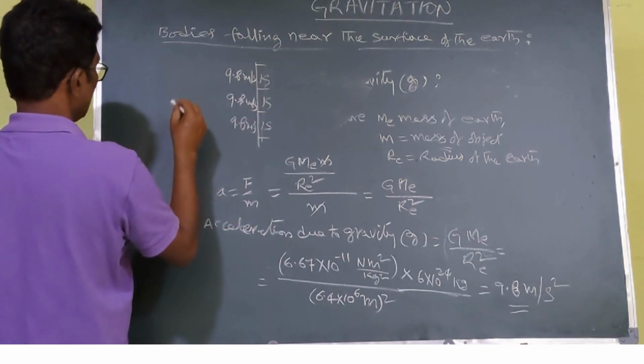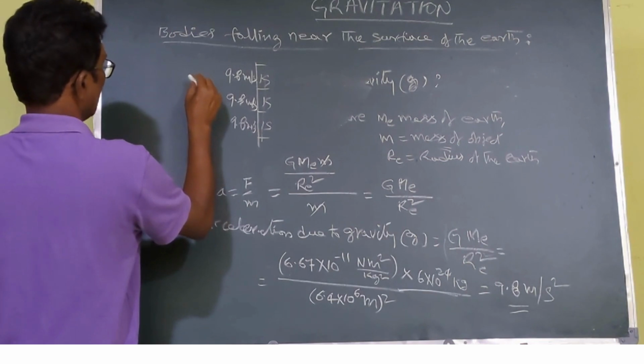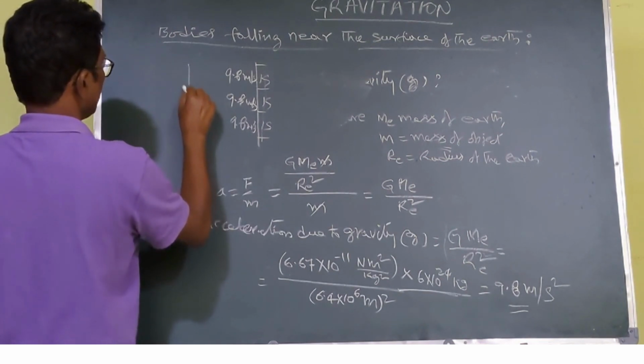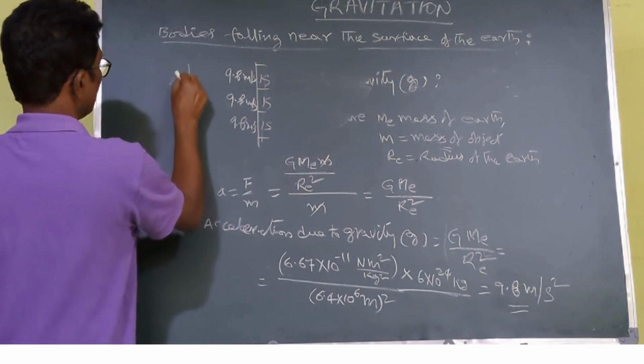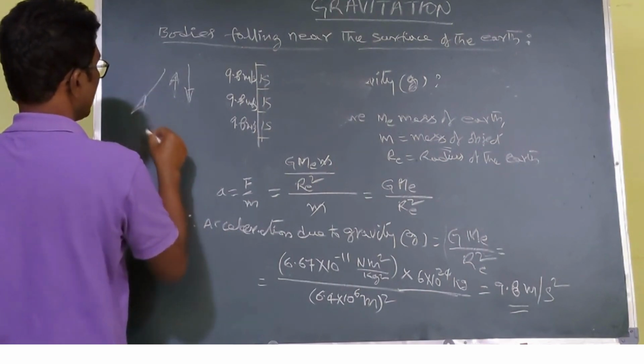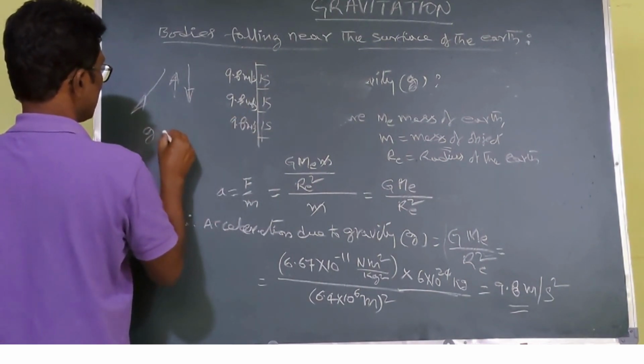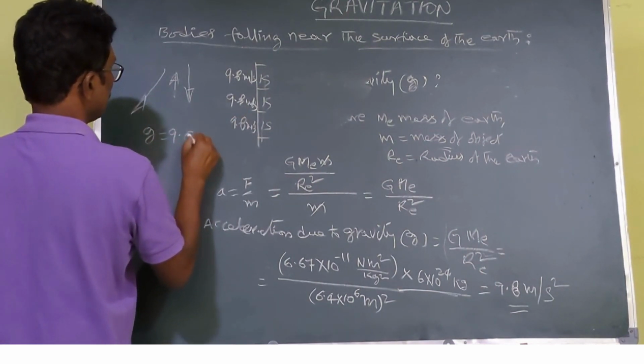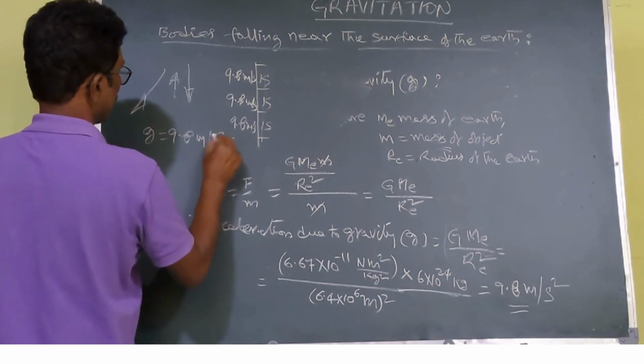One more thing to understand: while the object is falling in this direction, or along an inclined direction, the g value does not change; it is equal to 9.8 meter per second squared.